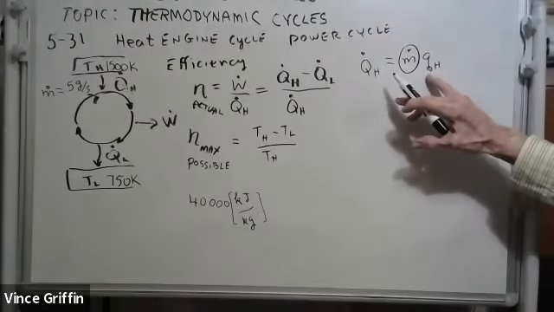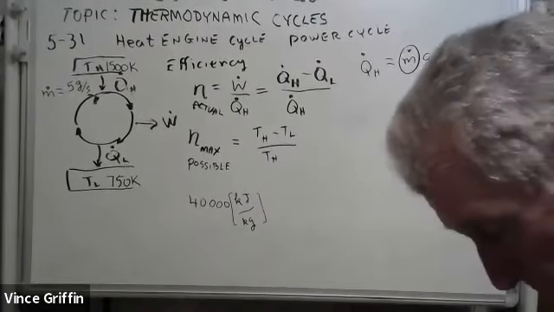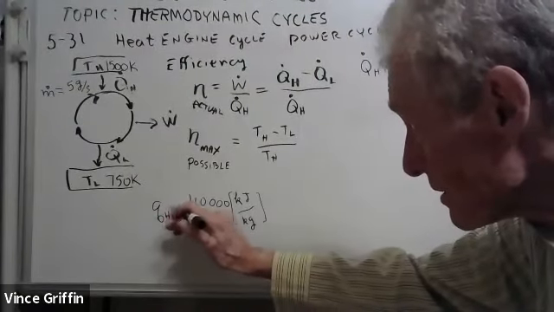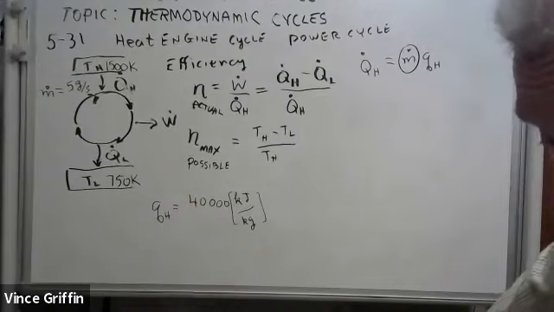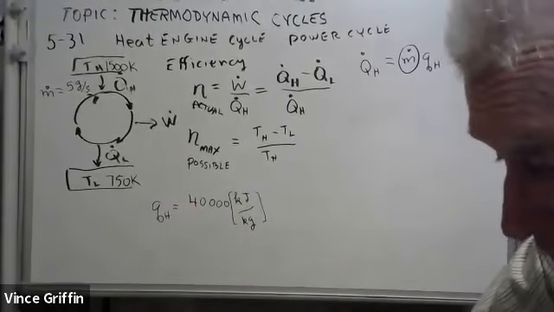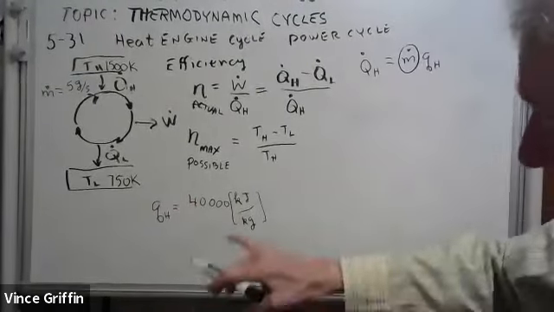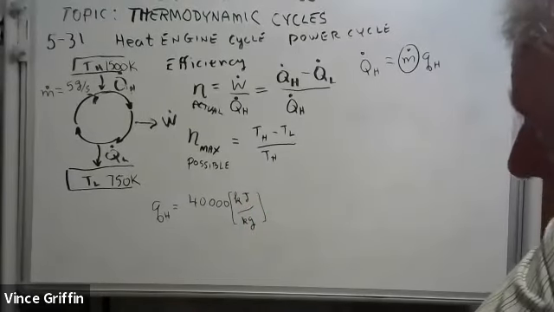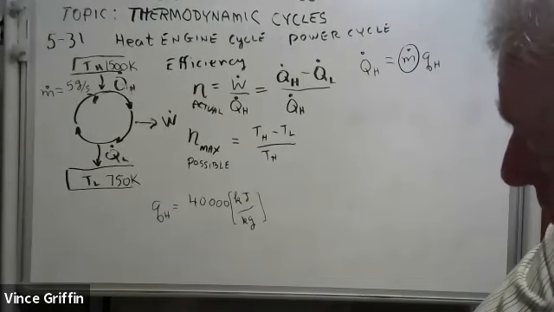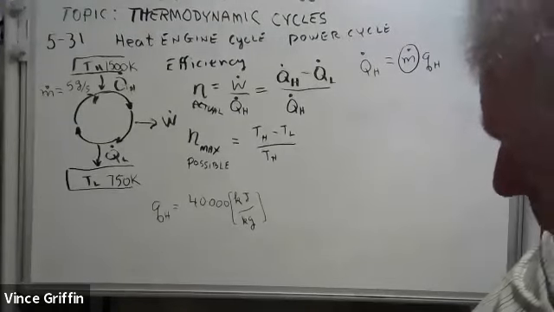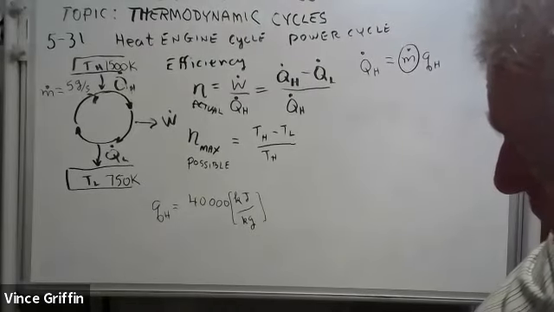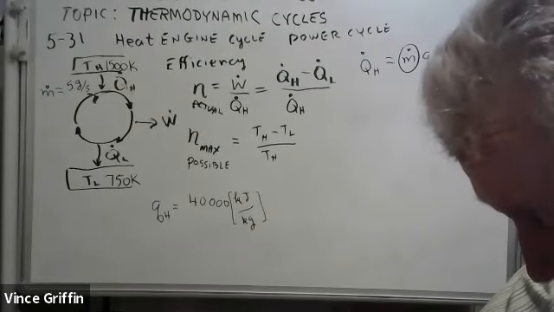That's little qH, the heat transfer per mass. See, look, kilojoules per kilogram, that's energy per mass. So you know that's a little q. Become familiar with the units and you can figure this stuff out.